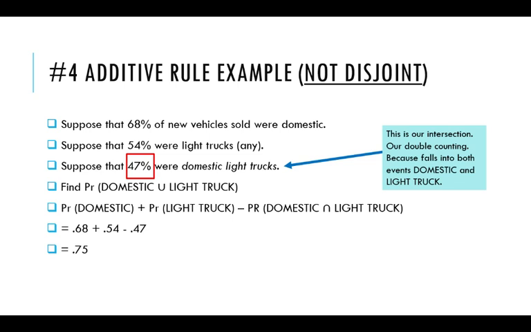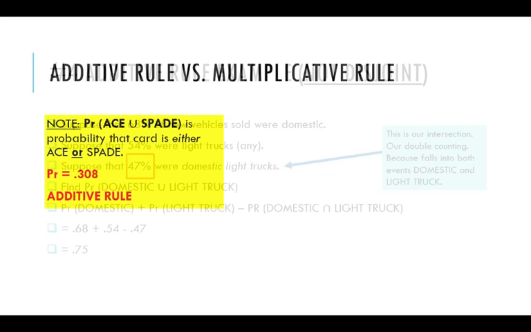So if we take any random draw from this sample, it's going to be a probability of 0.75 that we end up with a domestic or a light truck automobile.